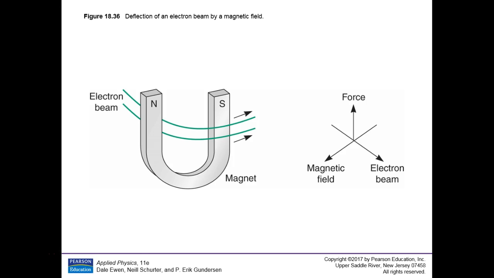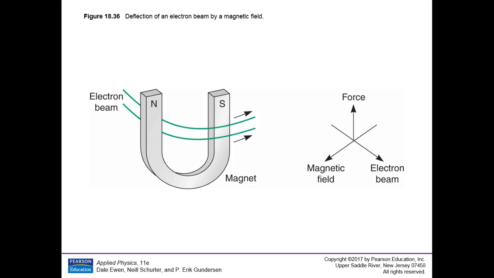That actually seems to be going sideways. I'm trying to figure out how they got the orientation, but again, it's a right-hand rule. So the magnetic field crosses the electron beam, and that gives you a force upward. So I guess maybe if this were laying like this, that would be bending it upward.